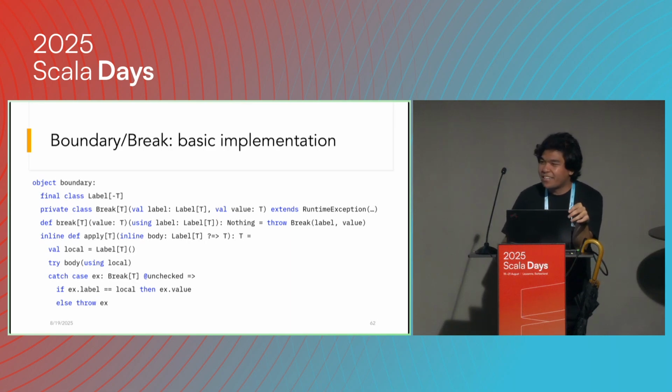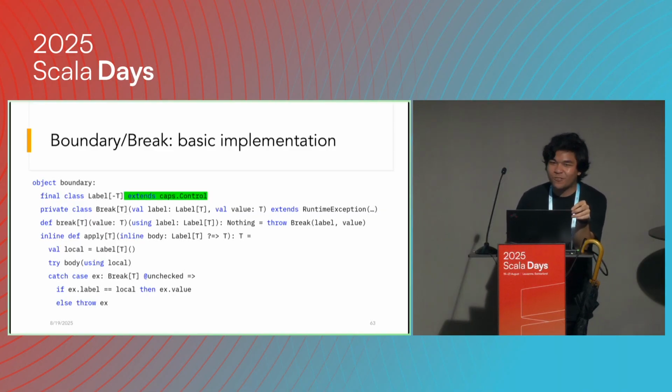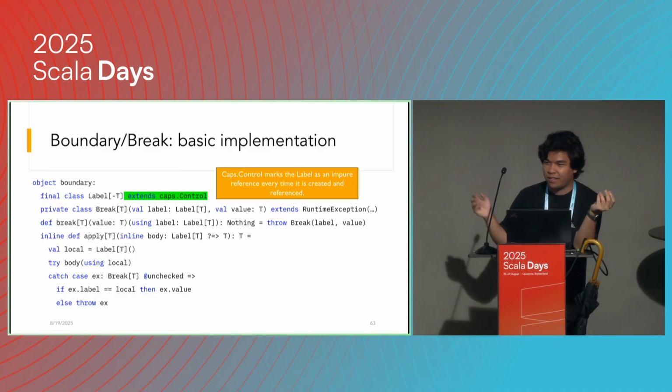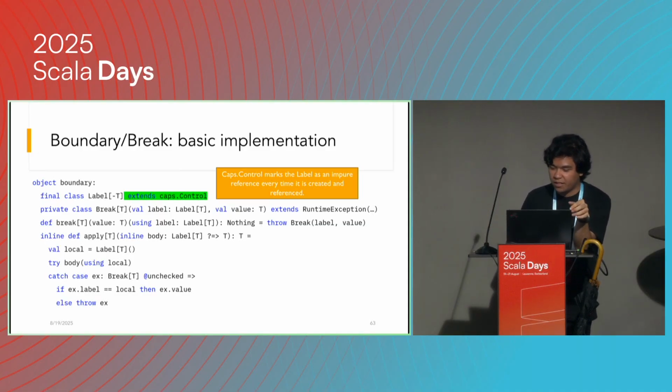Let's go back to the implementation. This time, I'm going to use a fancy thing called extends caps.control. Caps.control is basically just a subtype of caps.shared capabilities, which you have seen before. So essentially, it just marks this thing as an impure reference or like a root capture every time it is created and referenced. So exactly in these four places.